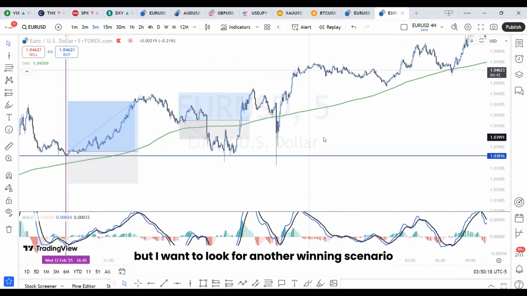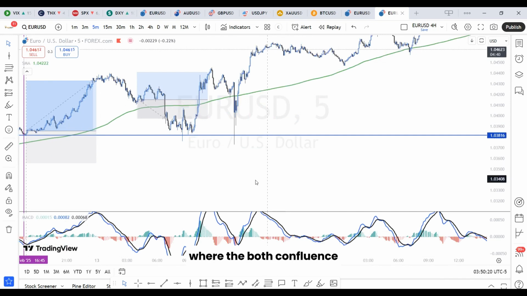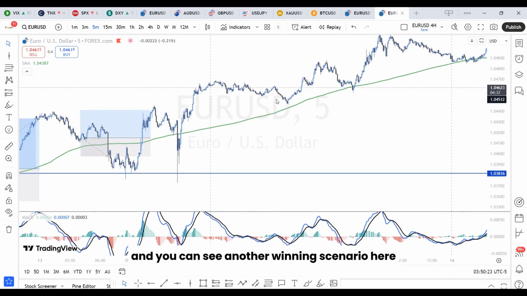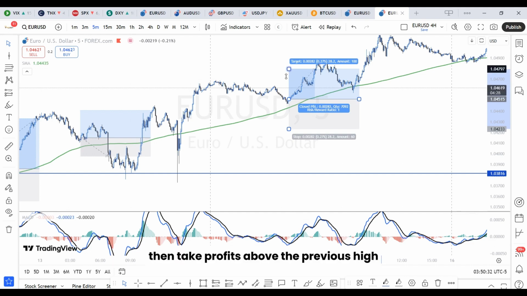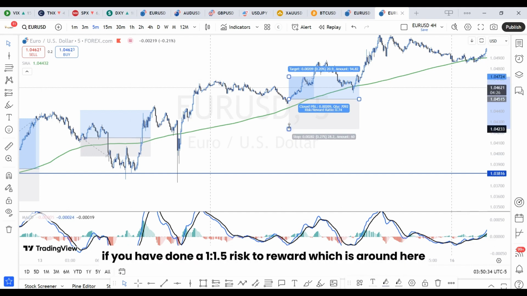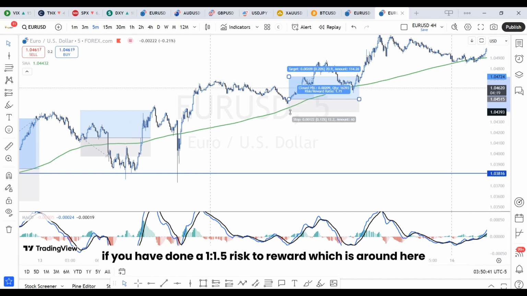But I want to look for another winning scenario where both confluences are present, and you can see another winning scenario here. The market came, you can see the MACD is below the average, then take profit above the previous high. If you had done a 1:5 risk to reward, which is around here, this would have been a very good trade for you.